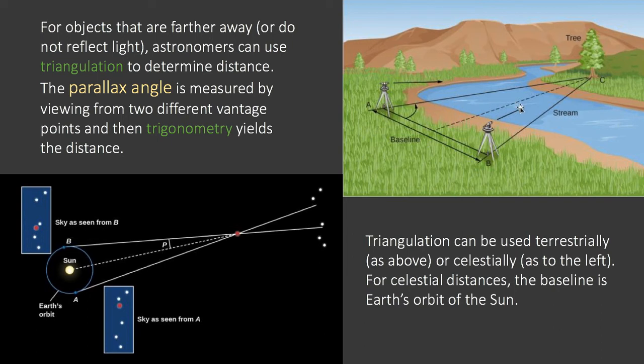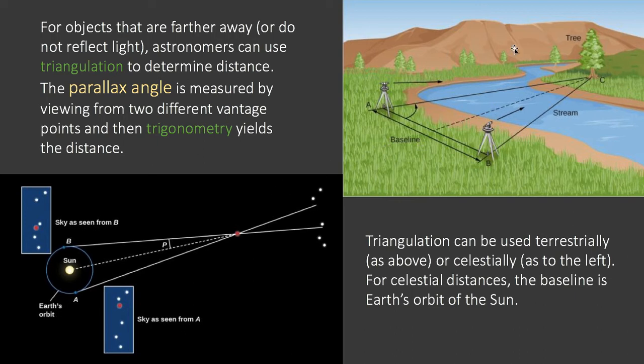This process is called triangulation, and from it you can determine this side of the triangle, or the line down the middle, or this side of the triangle, whichever one you want. You can figure out everything about the triangle by knowing two properties, the baseline and measuring the angle here.